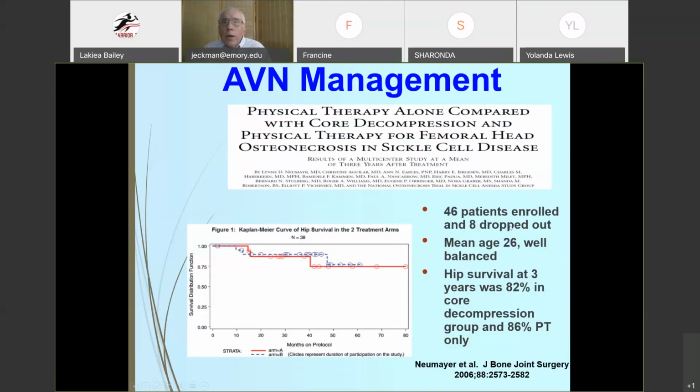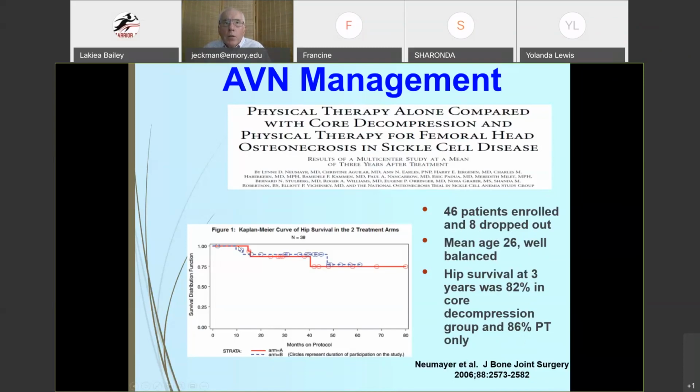There were 46 patients who enrolled. 8 dropped out, and more of the individuals dropped out who had the surgical intervention than the ones who just got physical therapy alone. The hip survival at 3 years was 80% in the core decompression group, and 86% in the patients who had physical therapy only.